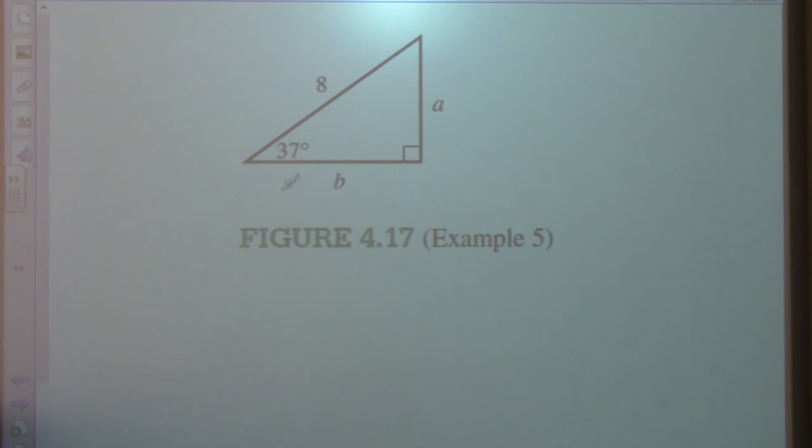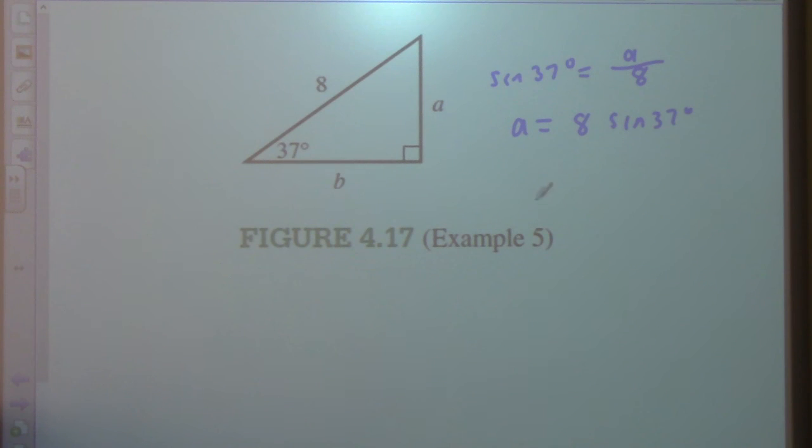And then this one right here, we have an example problem. We want to solve for side A. How do we do that? Sine of this angle, which is 37 degrees, is equal to our opposite, which is A, over our hypotenuse. So what is A equal to? 8 sine 37 degrees, right?